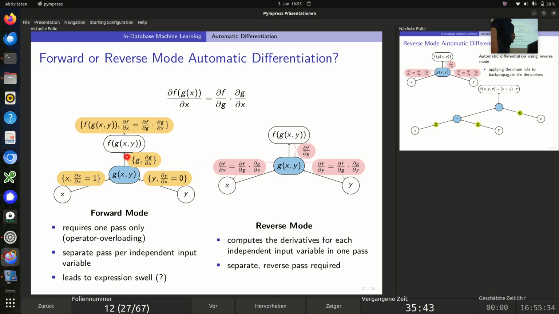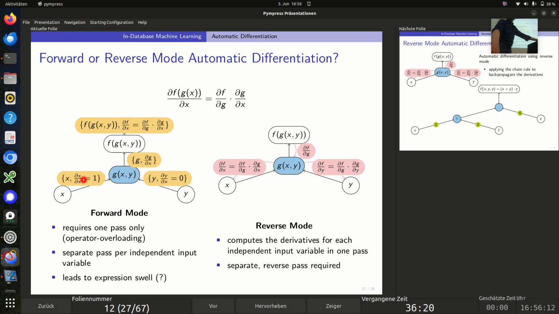And here you see the difference. Forward mode means, here you see the first term, that is just the function evaluation. So x, then we have g of x and y, and then we have f dependent on g, dependent on x and y. So the first term is just the evaluation of the result. And then the second term is the derivative. We want to derive the whole function with regard to x.